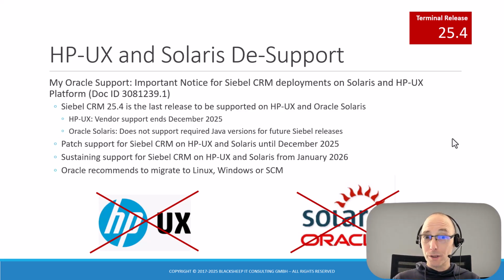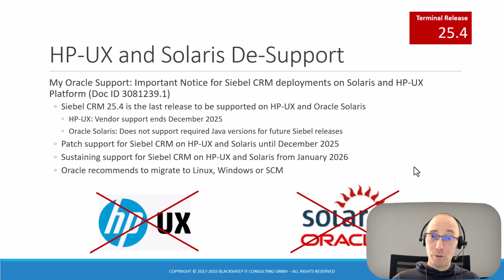So the support, or practically the patch updates, for Siebel CRM on HP-UX and Oracle Solaris have found their terminal release to be 25.4. So with 25.5 and higher, you don't get any patches for Siebel CRM if you are on those platforms.